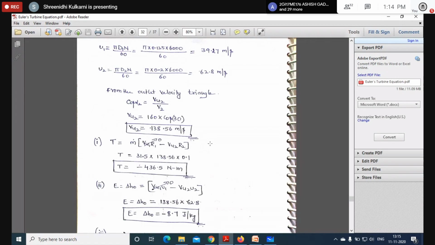Then write the torque equation and substitute. In this, VU1 is 0 because the fluid entering at the inlet is itself axial, so that's why VU1 becomes 0.